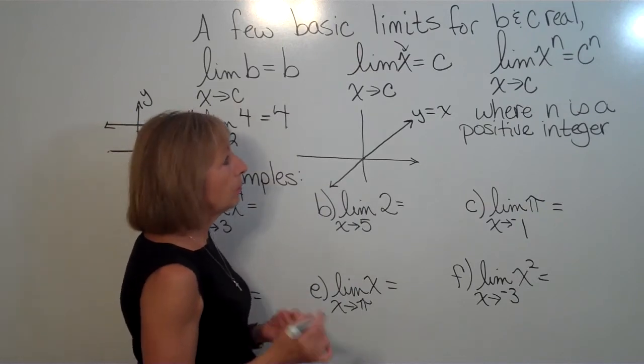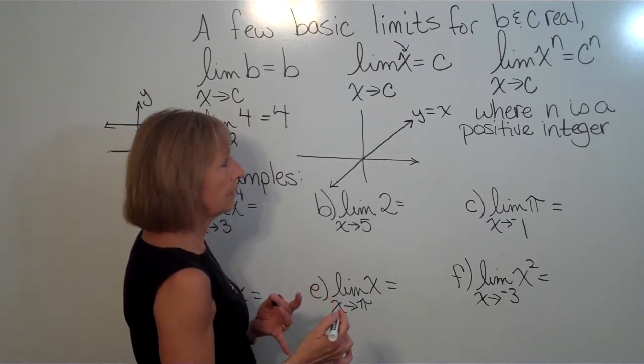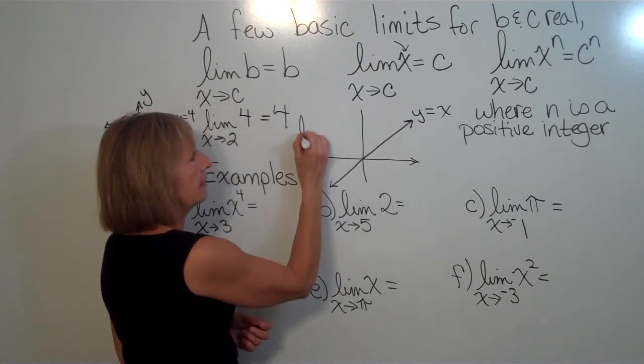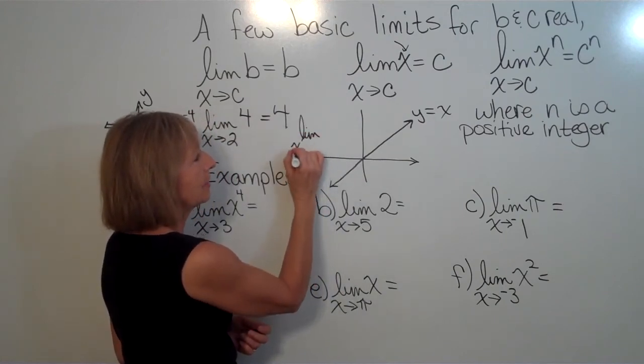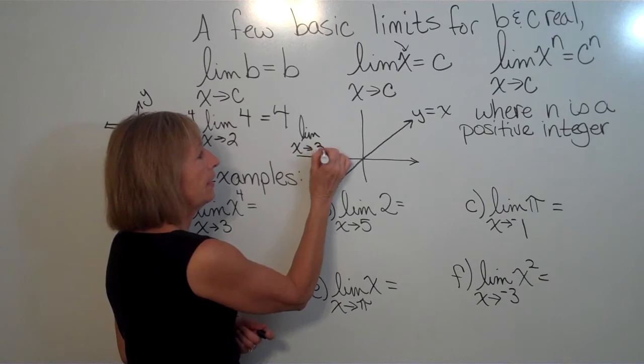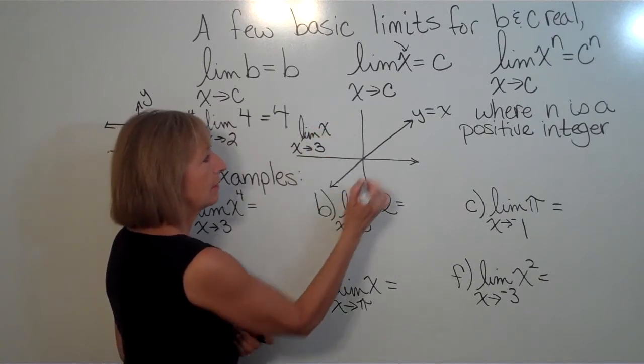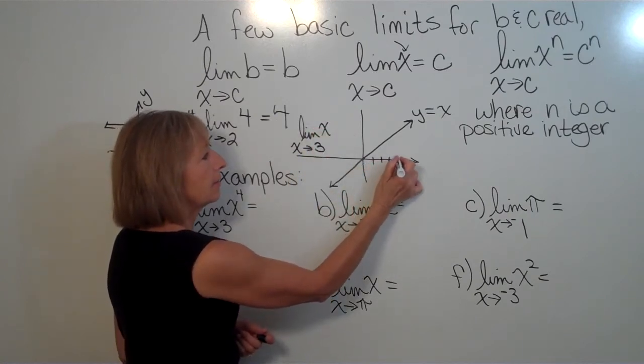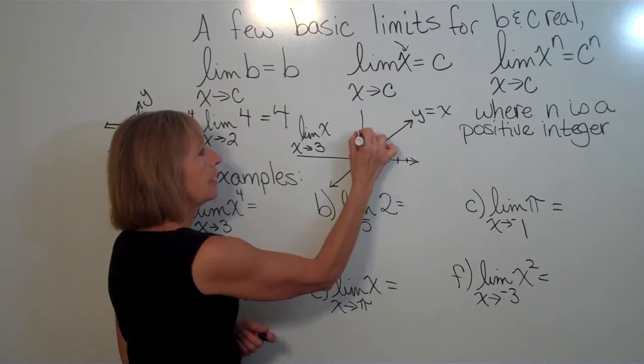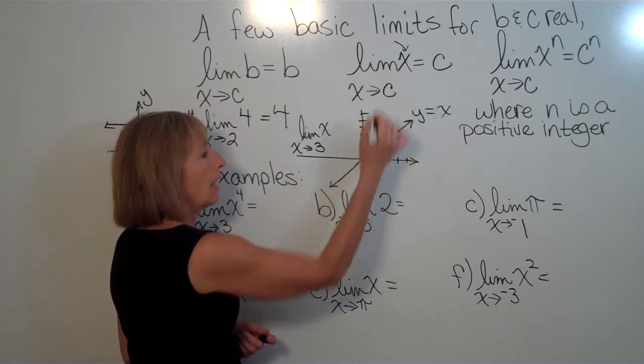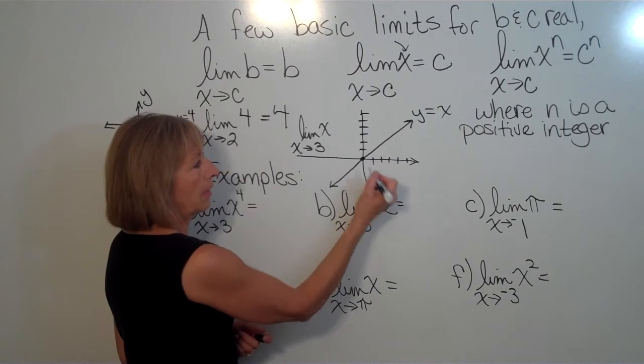And so if I were to do a problem associated with this one, something like the limit as x approaches 3 of x, well, if I look at my values that are on y equal x, 0, 0 is on y equal x.